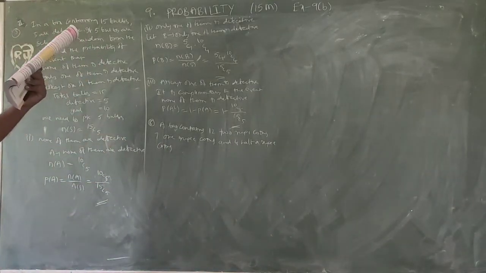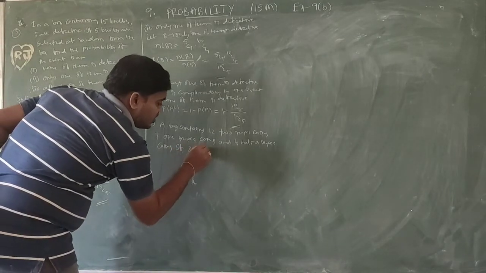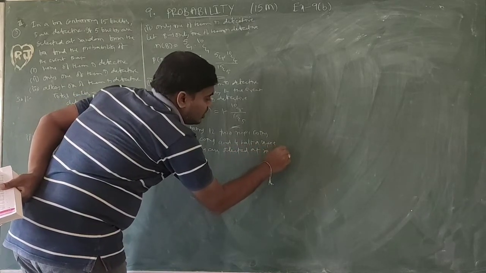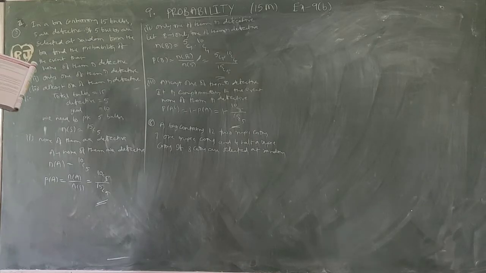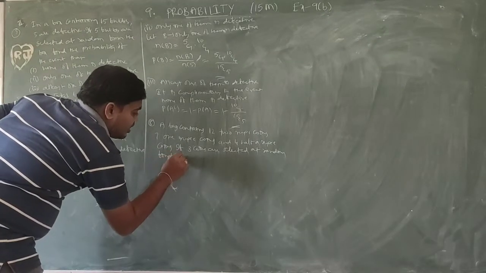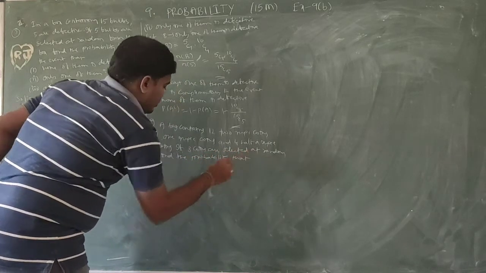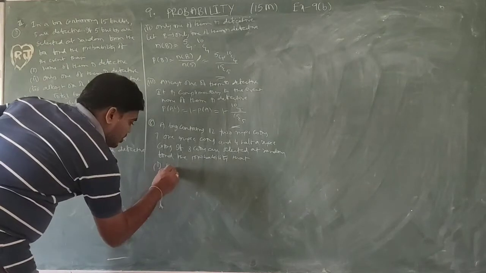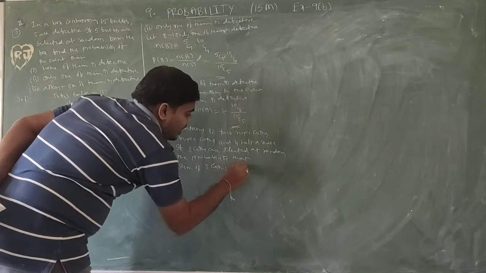4 half a rupee coins. If 3 coins are selected at random, find the probability that first one, the sum of 3 coins is maximum.